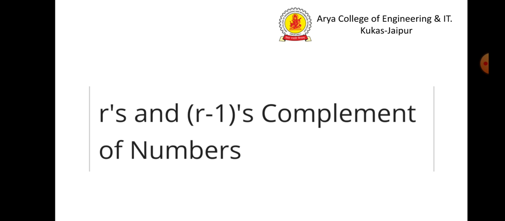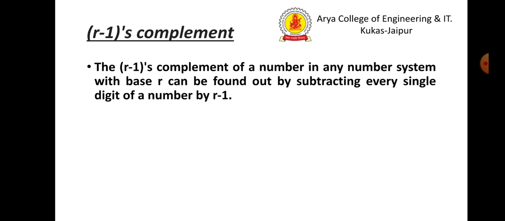Here is the r's and r minus 1 complement of a number. Now what is the r minus 1 complement? The r minus 1 complement of a number in any number system with base r can be found by subtracting every single digit of the number from r minus 1. r is the base, and we get r minus 1 by subtracting 1 from it, and we subtract each digit of the number from it.